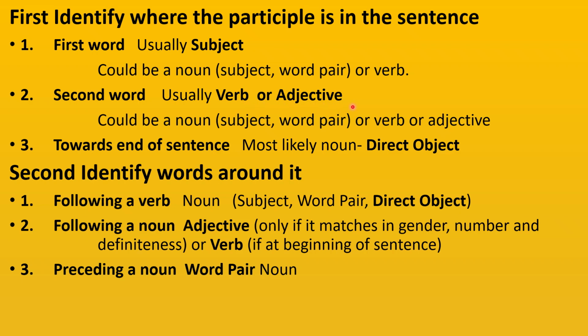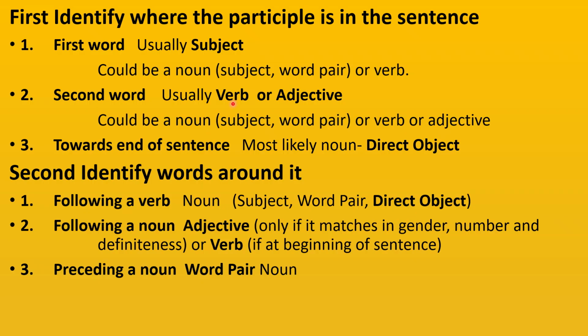So you're going to follow the rules of adjectives, especially if the noun that it follows is definite and this has a definite marker in front of it, you know it's an adjective. If it follows a noun and there's no other verb in the sentence, probably it's the verb.